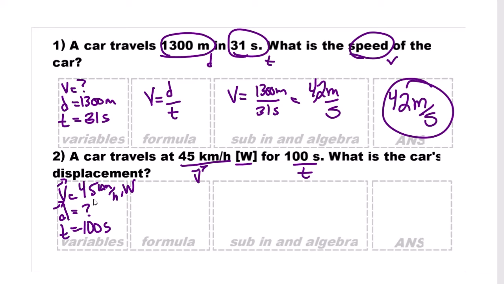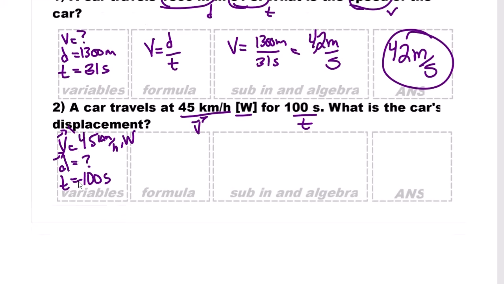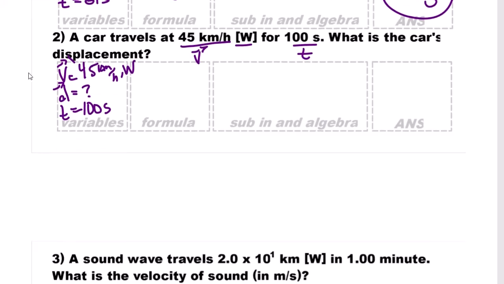Now I've got to watch this number because I'm going to have to convert that into meters per second. So let's give ourselves a little bit of room so that we can do that. We can remember the conversion factor of 3.6, but if I want to do it with unit canceling, I would put in a ratio first to cancel my kilometers.